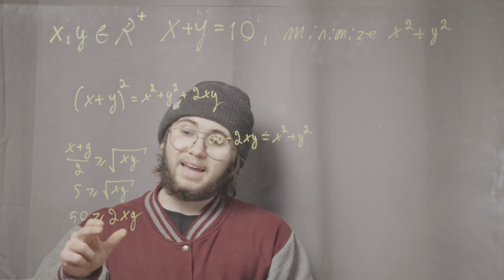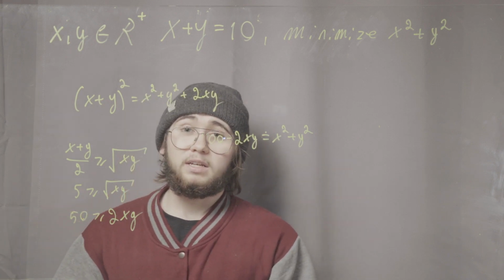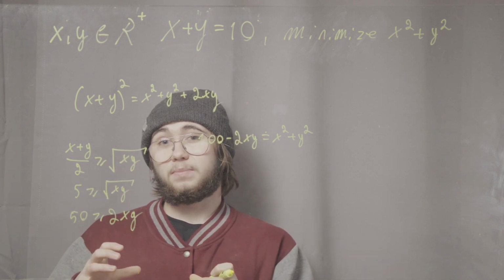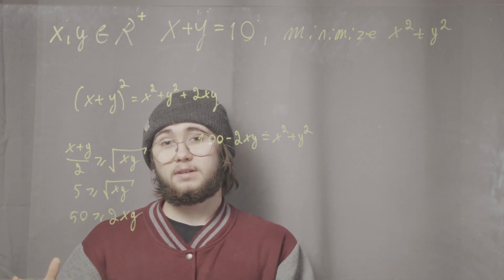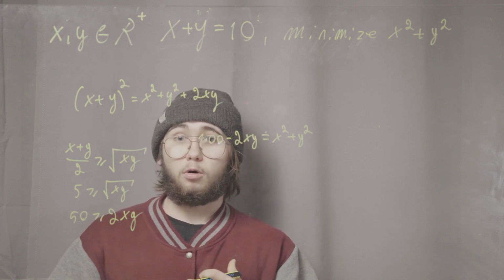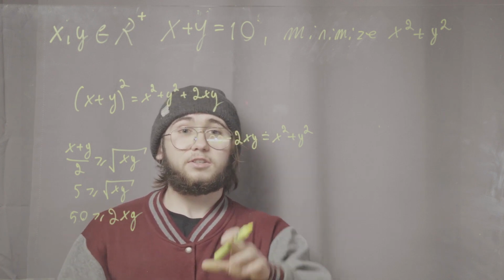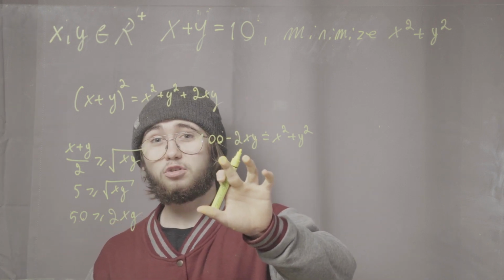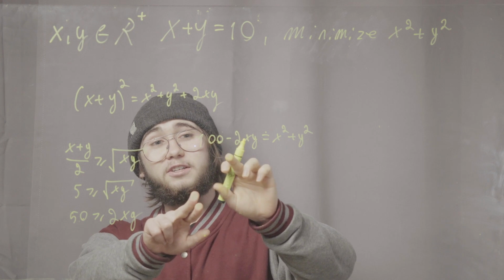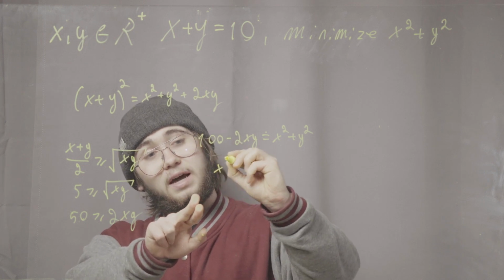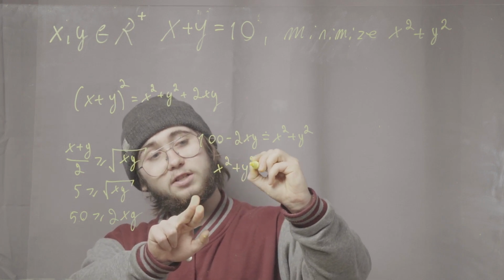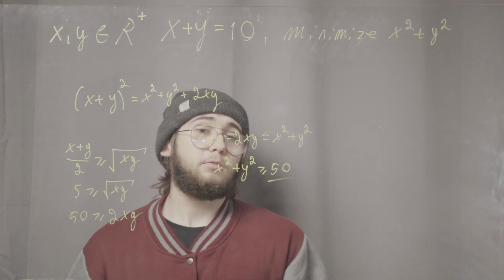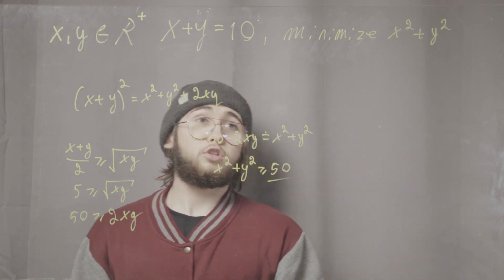And we know that the greatest value of 2 times x times y is 50. Every single time, it is going to be at most 50. And so this stuff is at least 100 minus 50, which is 50. So we know that x squared plus y squared is also at least 50. And so this is our solution to the problem.